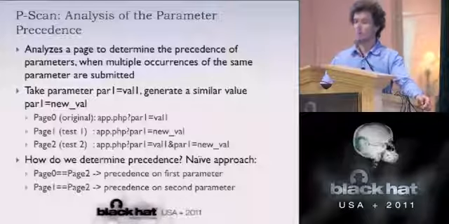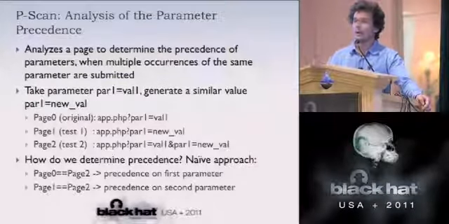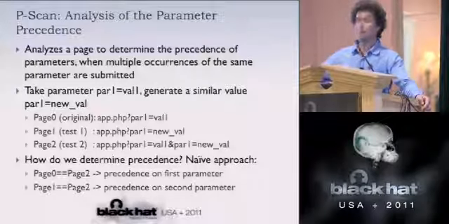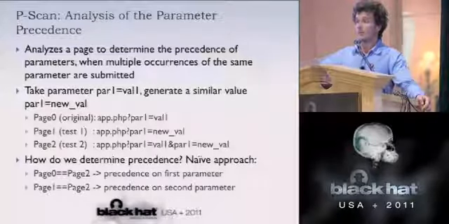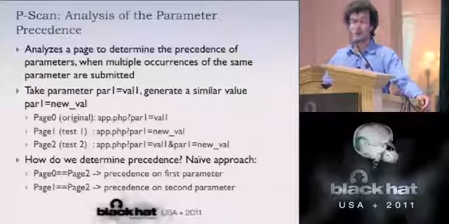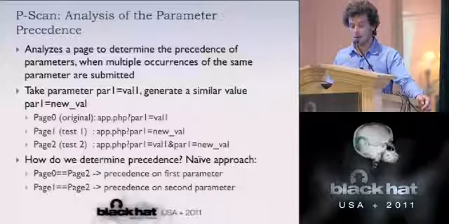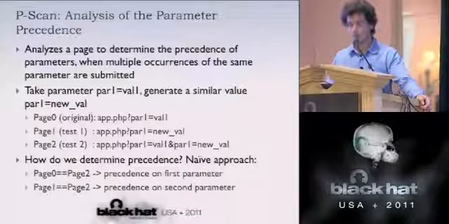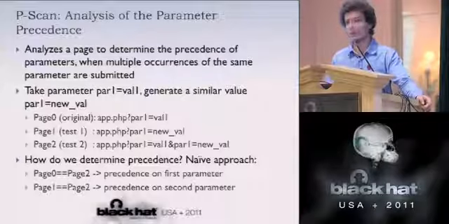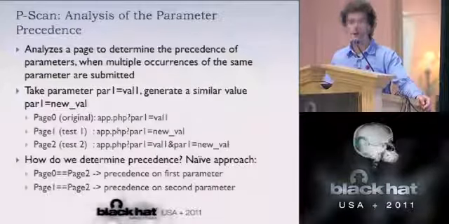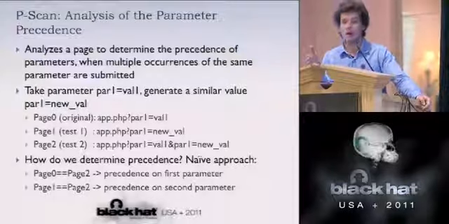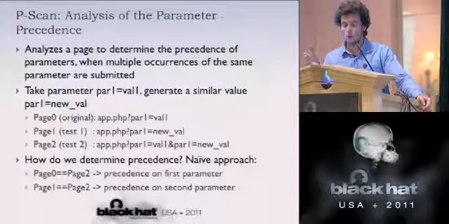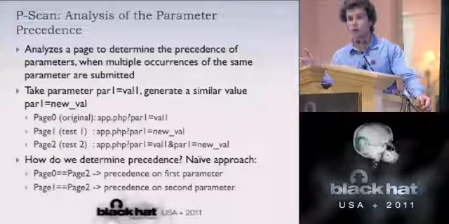Because suppose you inject a parameter, but it falls in a position of your link that does not allow you to override the existing parameter because the precedence is wrong. So we have this component that tests for the precedence, and we can say whether a vulnerability can be used to exploit the application or not.